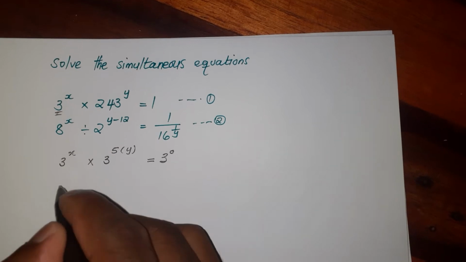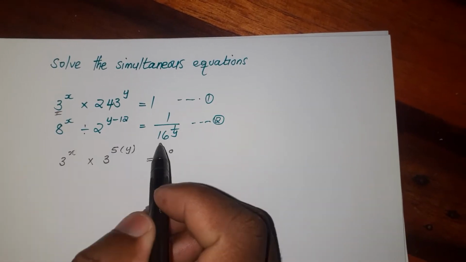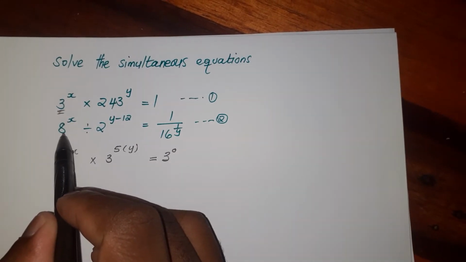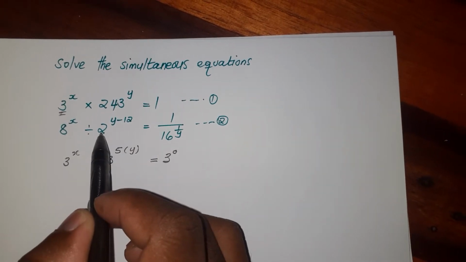The next equation we are going to write, with this equation, if you check very well, it will be easy if we write 8 and 16 as powers, making sure that the base is 2.